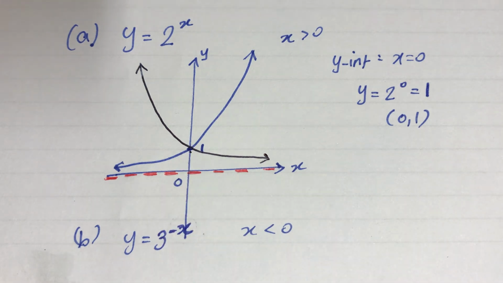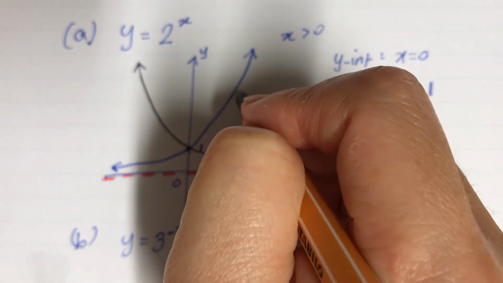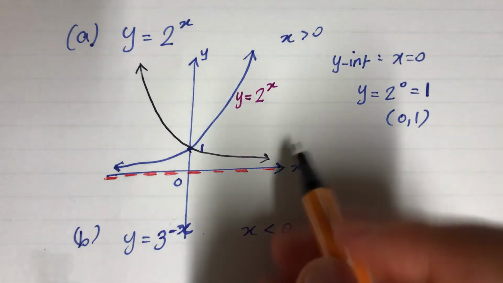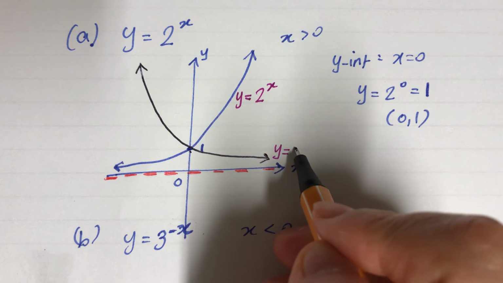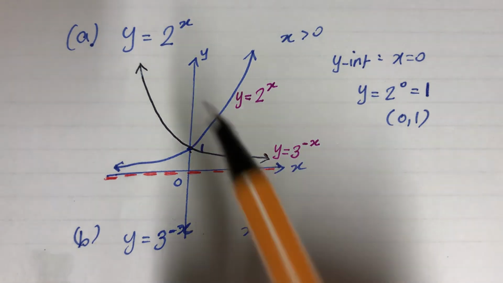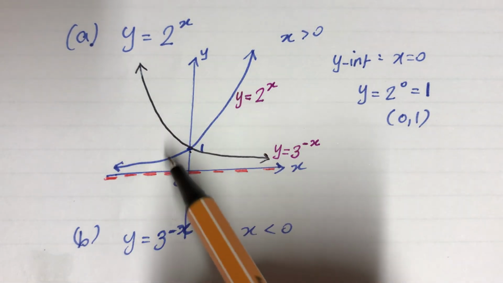So I'm going to name this. This equation was y equals 2 to the power of x, and this one was y equals 3 to the power of negative x.